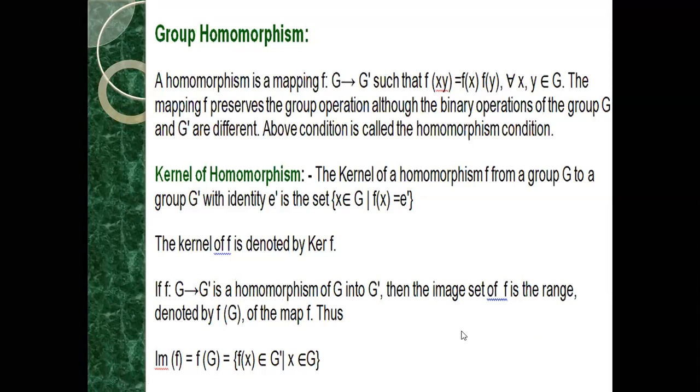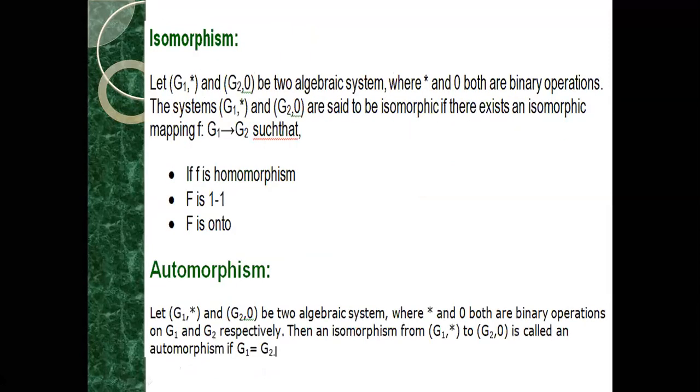Next definition: isomorphism. Let G1 with star and G2 with circle be algebraic systems, where G1 is a group under binary operation star and G2 is a group under binary operation circle.